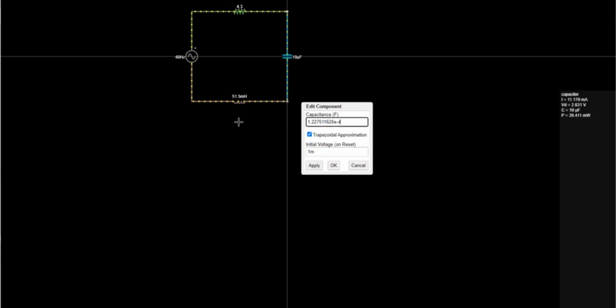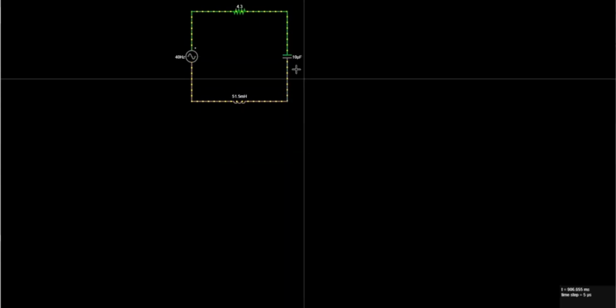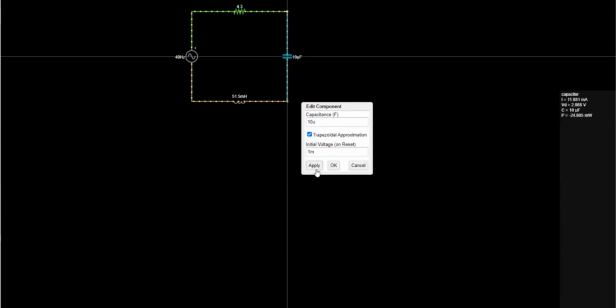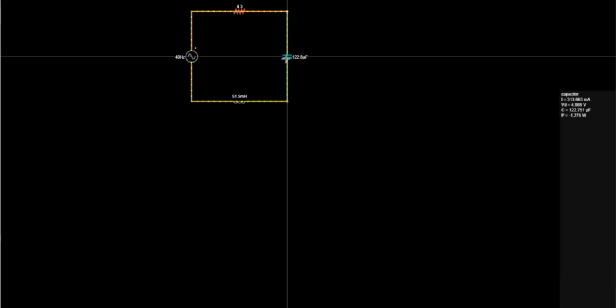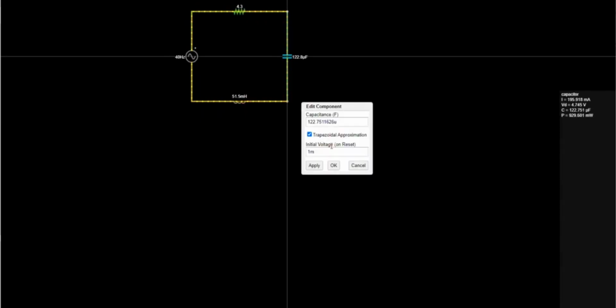I don't think it likes E minus 4. So let's instead type in 122.751166 U. Okay, it doesn't like E. It didn't like the U either, so I think these are equivalent.